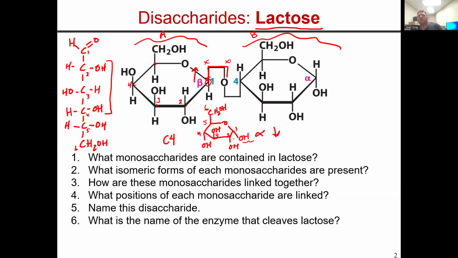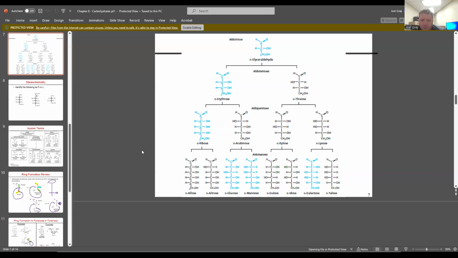Now, if you were to go back and look at the sugars that I wanted you to know the structures of, I'm going to switch my share real quick. The C4 epimer of glucose. Okay, so glucose, I've got that. And then the C4 epimer, well, that is going to be galactose.